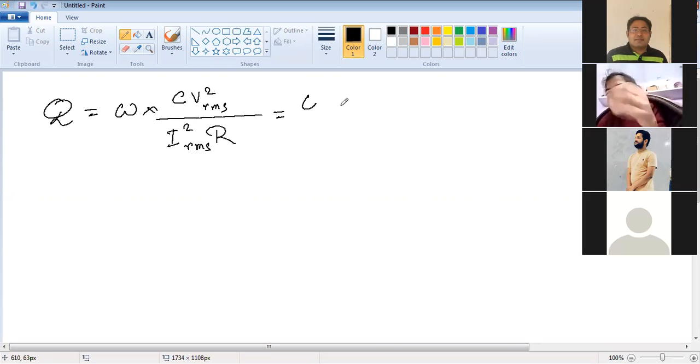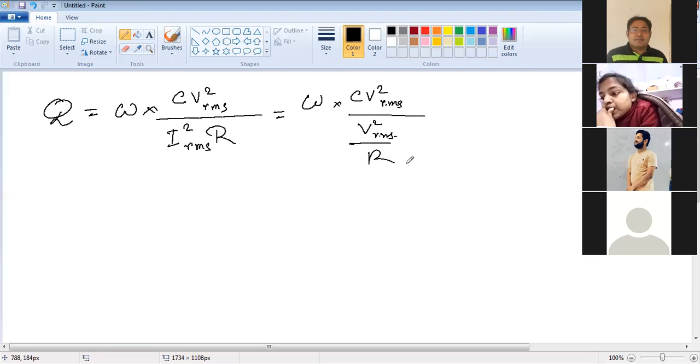Now we can write C into V RMS square, and this I is V RMS divided by R, because this R square and this is R, so it is going down, and it yields you C omega, this cutted omega C, and this R will be coming over here. So this is omega C R.